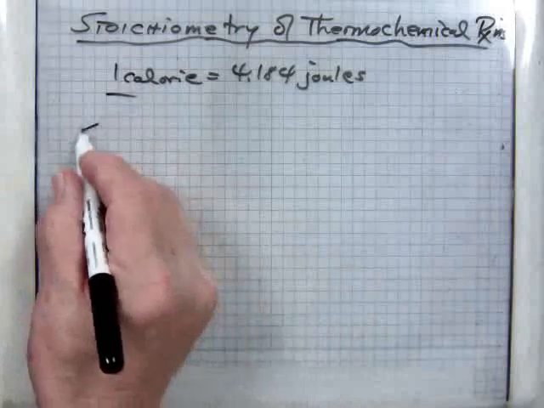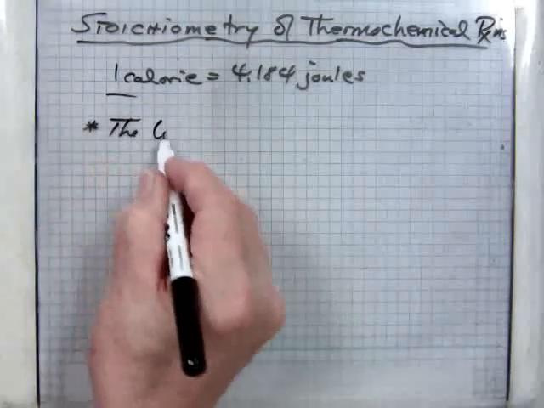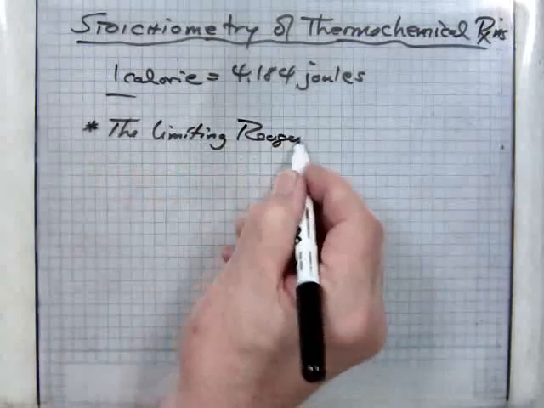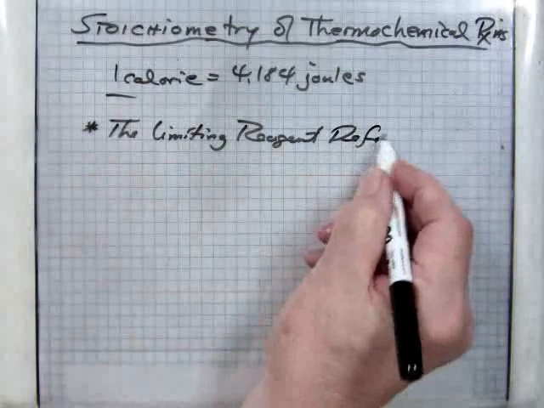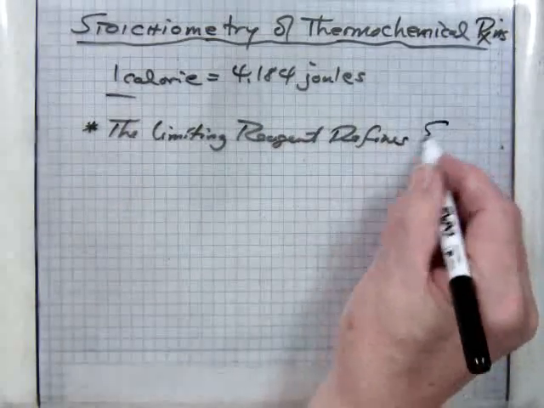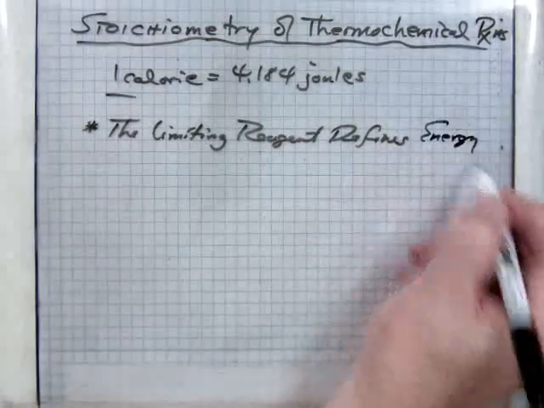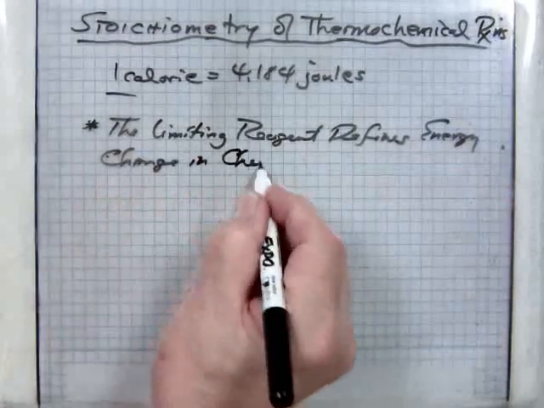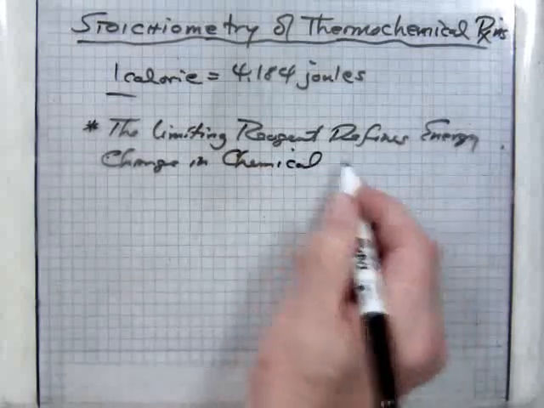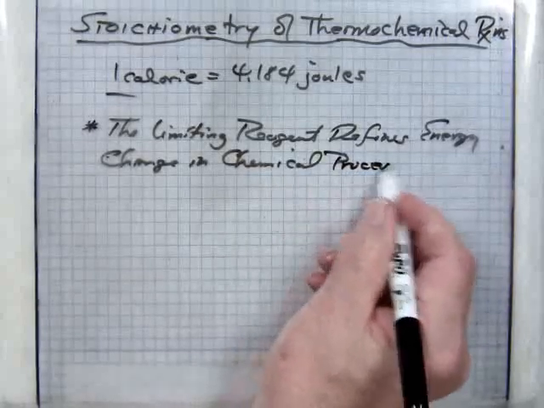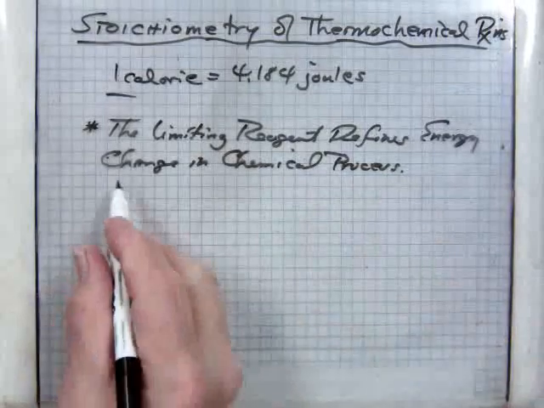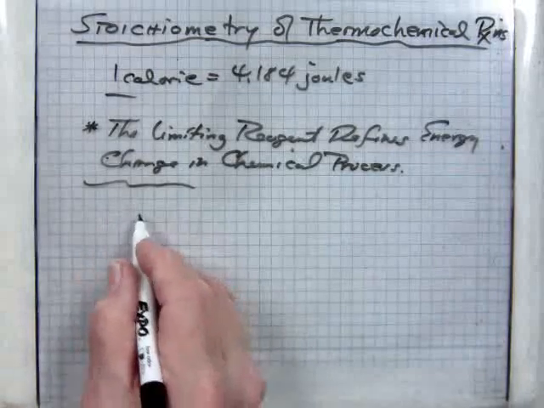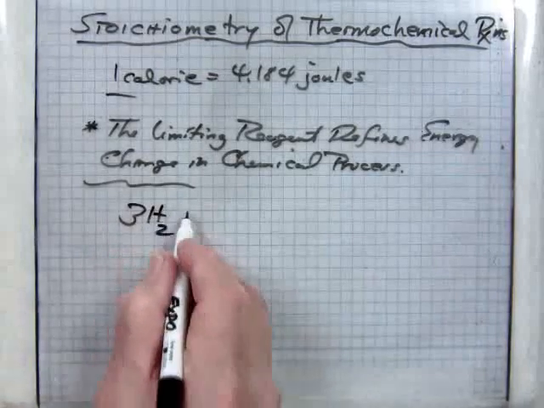So really, you want to say the limiting reagent defines energy changes in a chemical process. So let's consider, we'll use the ammonia reaction.